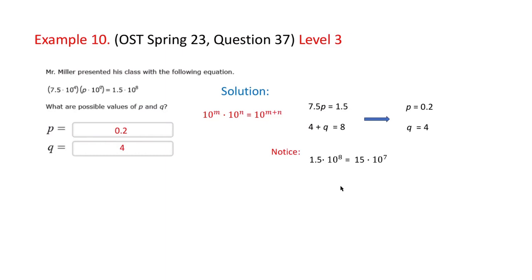So now when you do this, 7.5 P is equal to 15 now. And now obviously the other will change. Now 4 plus Q is equal to 7. So from here you get P is 2, Q is 3. So that's another option. So in fact there are an infinite number of solutions.